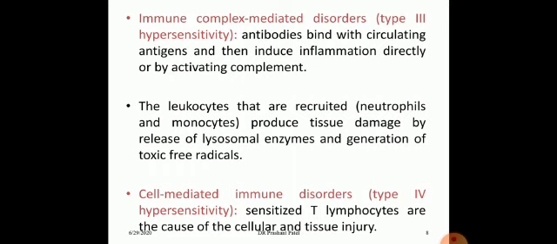The leukocytes that are recruited produce tissue damage by release of lysosomal enzymes and generation of toxic free radicals at the site of antigen-antibody complex deposition. Type 4 hypersensitivity reaction: here sensitized T lymphocytes are the main cause of cellular and tissue injury.